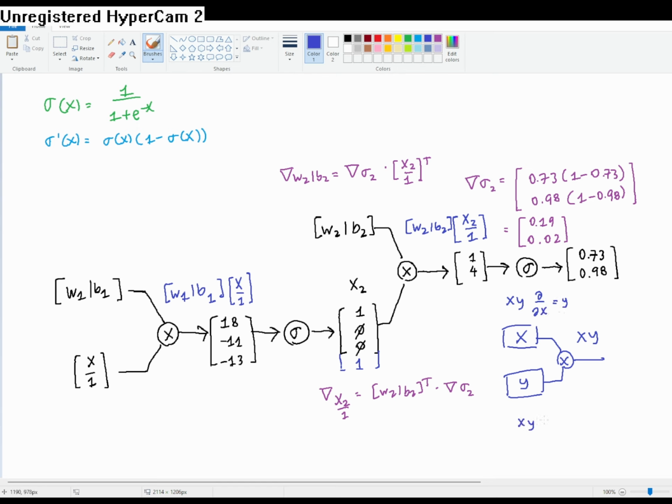And if we do xy here and take the derivative with respect to y, we get x. But let's not forget a very important two bits of information. This is 1 times y and x times 1.